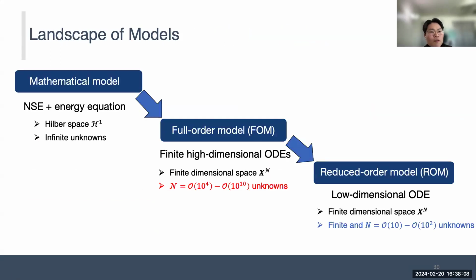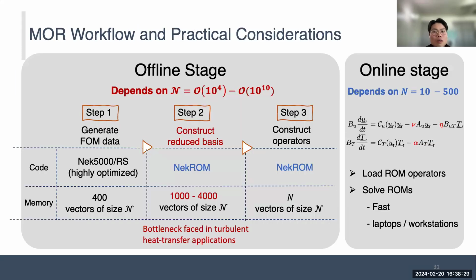Okay, so before I conclude the talk, I want to emphasize the workflow and practical considerations of applying model order reduction to turbulent flow, and what just happened in this stage. So when we go from the forward model to the reduced order model, it consists of 2 stages.